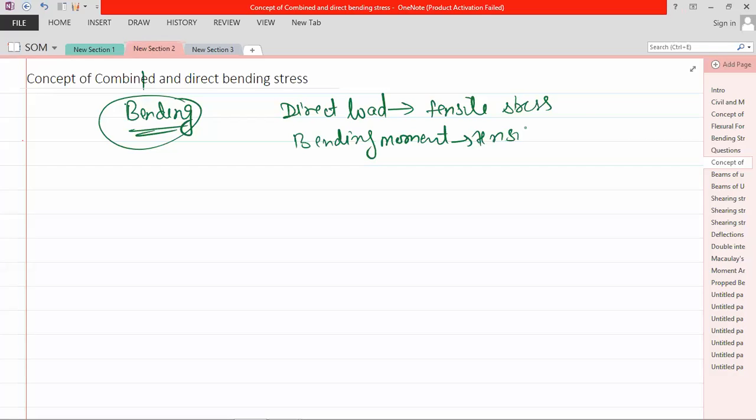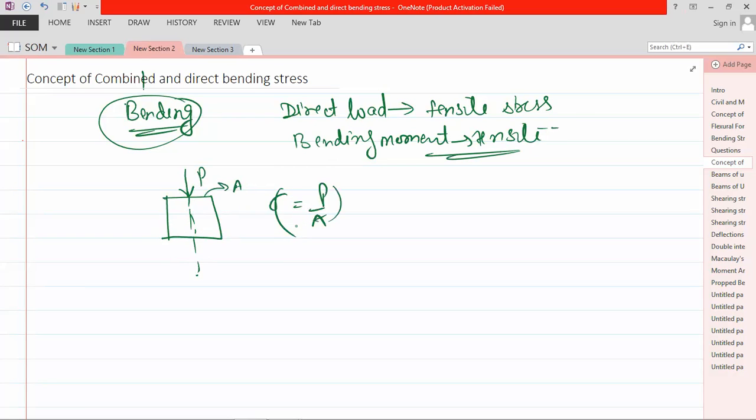So now I will add this case. Suppose this is a body and it is loaded by P at its neutral axis. So the compressive force will act. You know the area of cross section is A. Then your compressive stress is sigma is equal to P by A.